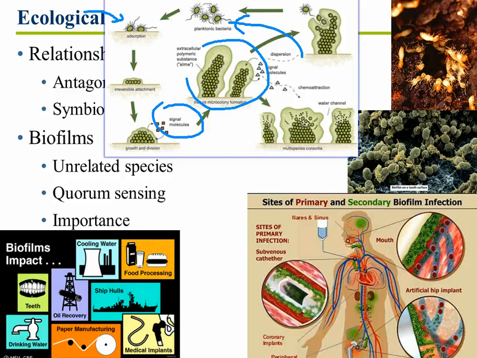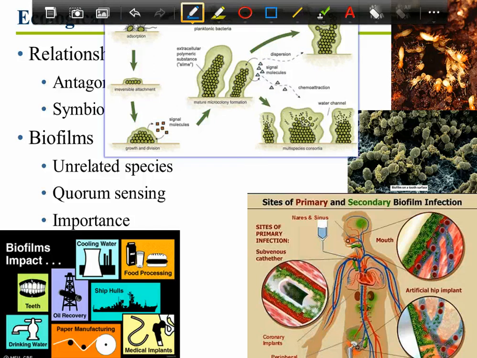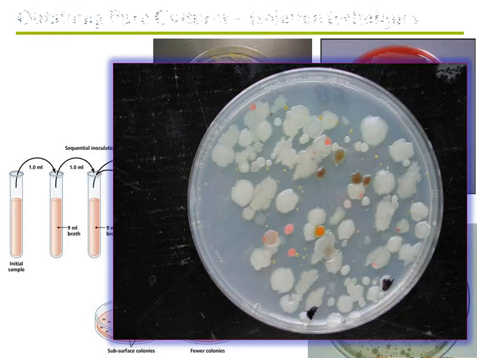But eventually, as you can see, they cause an obstruction in the implant or in the pipe or in the whatever. The layers become thicker and thicker. It's very hard to get rid of them with antibiotics or with antimicrobials. So they're very, very big in medicine, and you'll find a lot of information on the internet, for example, about them.